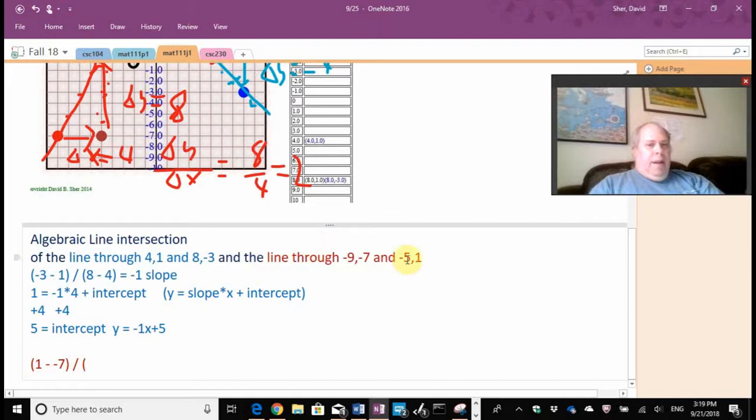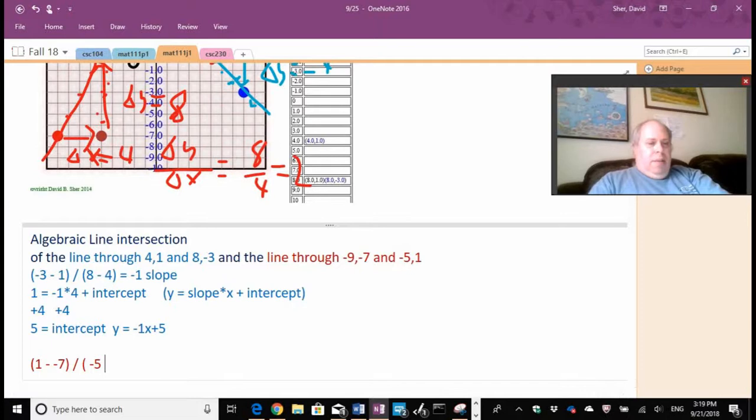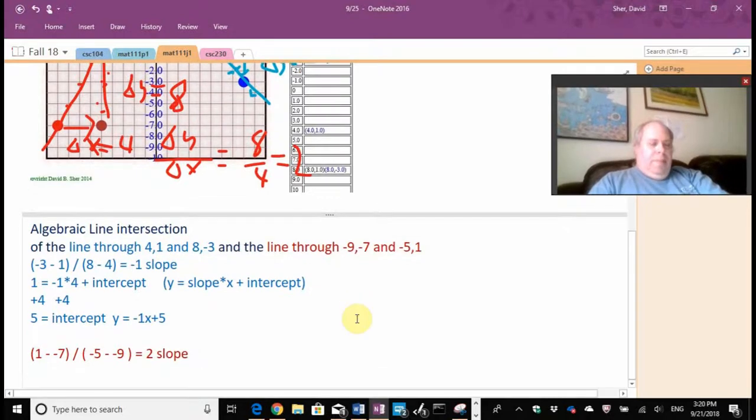And we're going to divide that by x2 minus x1, which is -5 minus -9, which means -5 plus 9, or 4. That gives me 8 over 4, which is 2. And that's the red slope. And now, once again, I'm going to pick one of these points.